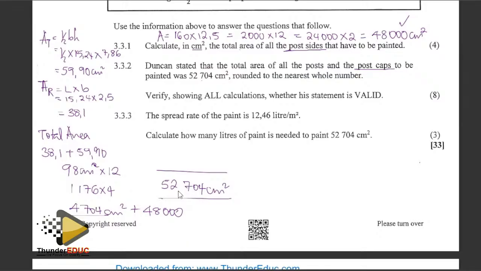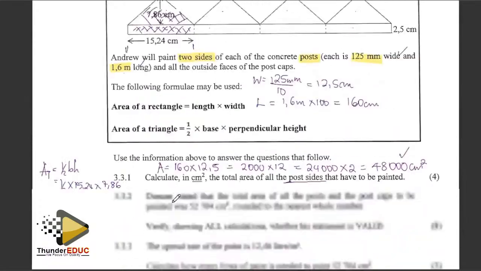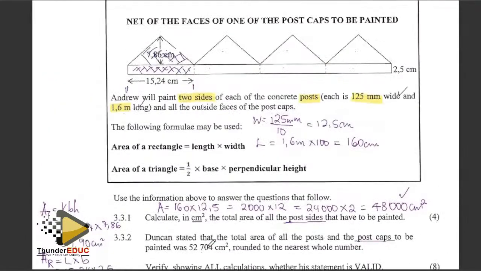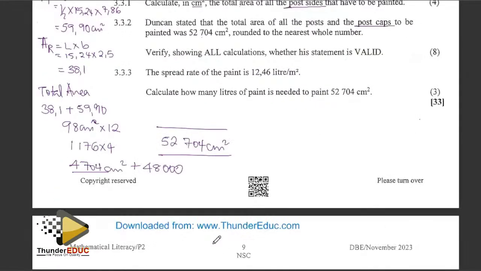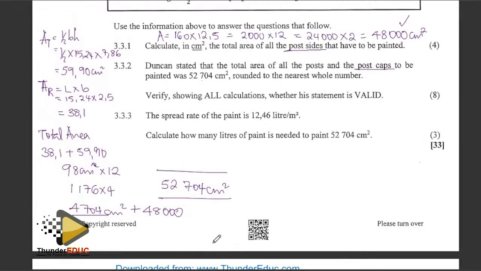You had to look at that: 1, look at the triangles only; 2, look at the area that makes the posts. You understand? Okay.